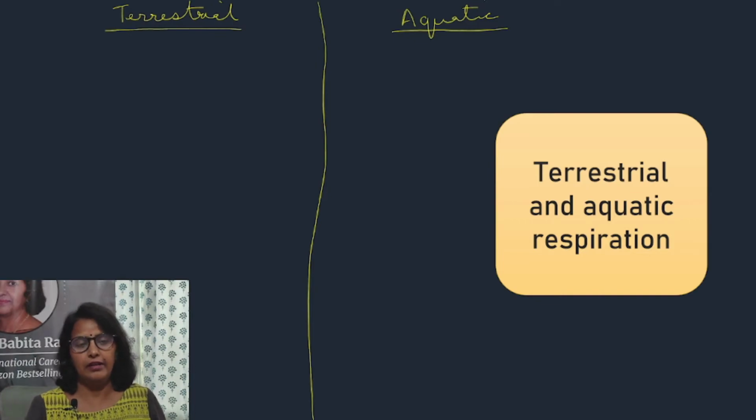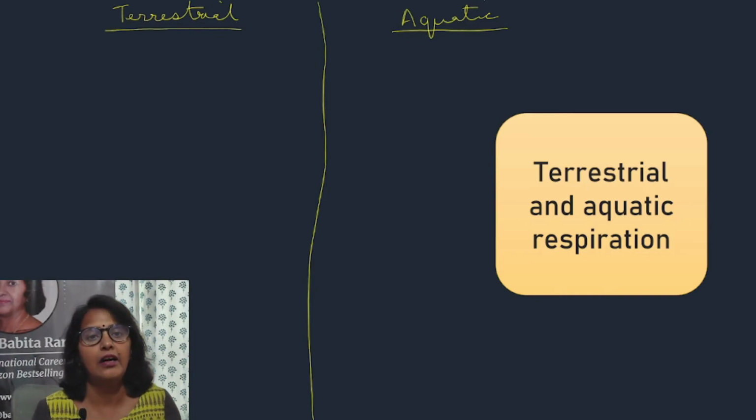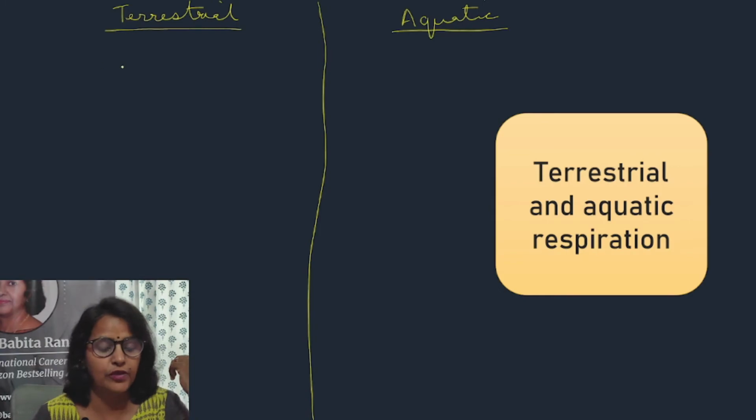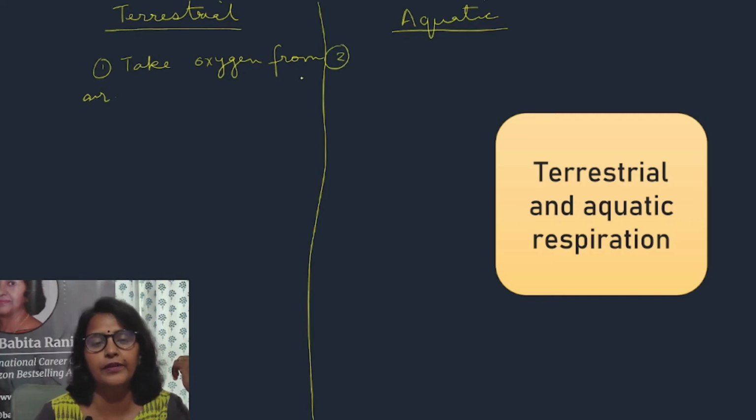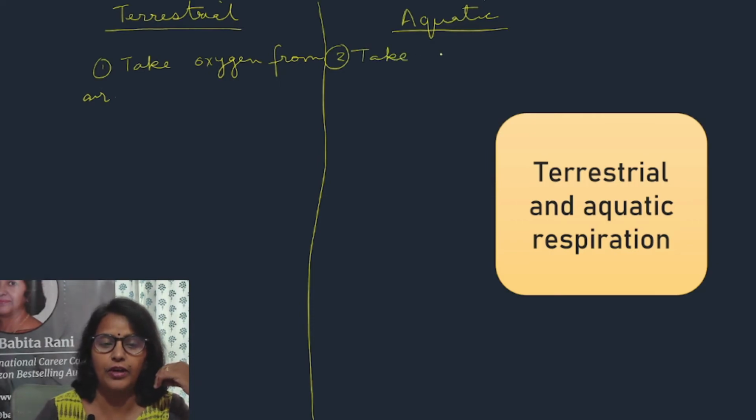And terrestrial animals will take the oxygen from the atmosphere. So they take oxygen from the air. How will the aquatic organism take oxygen? They take oxygen which is dissolved in water.